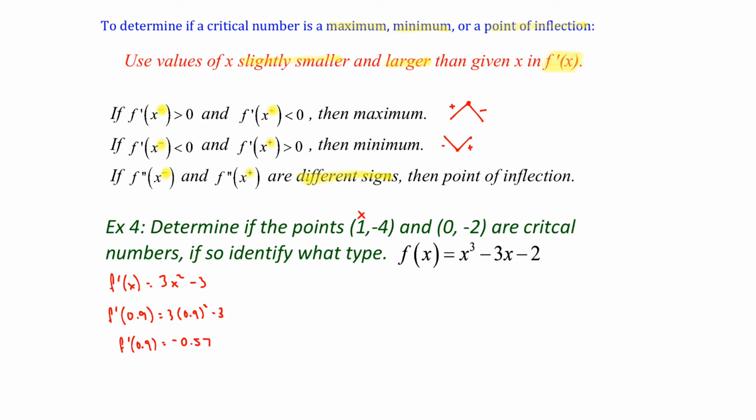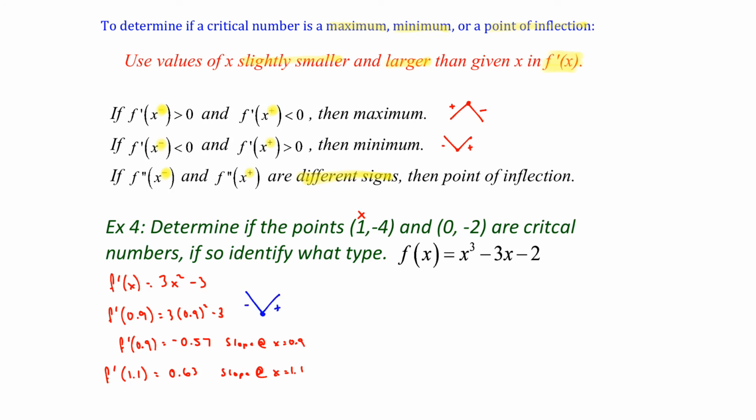This is the slope at x equals 0.9, right before 1. And now we want to plug in a value just to the right of 1 into the derivative. This will be the slope at x equals 1.1, and this is 0.63. So it has gone from a negative slope to a positive slope.